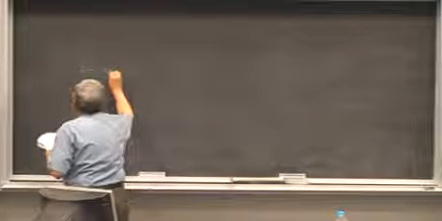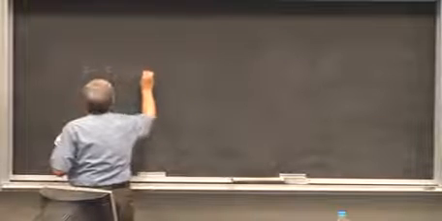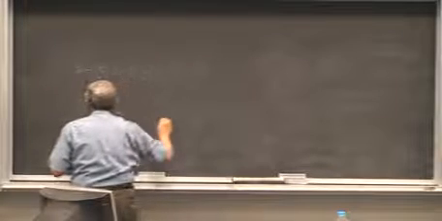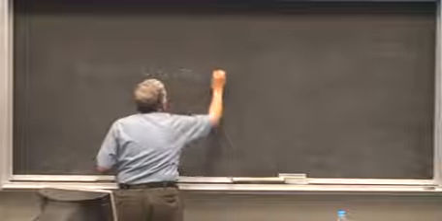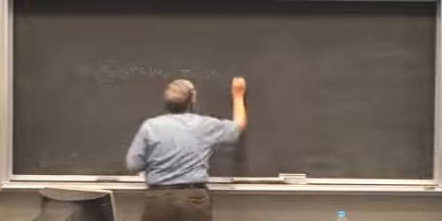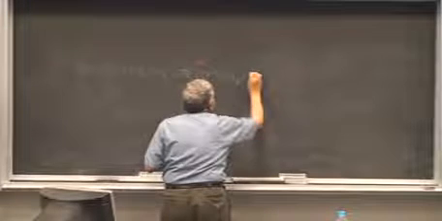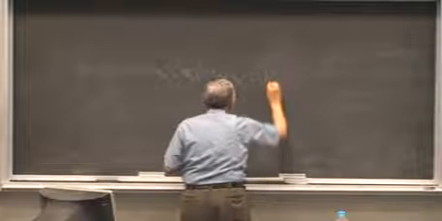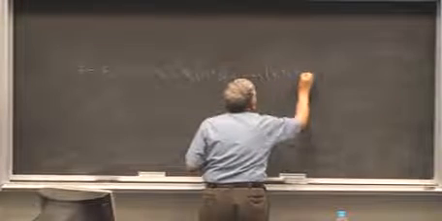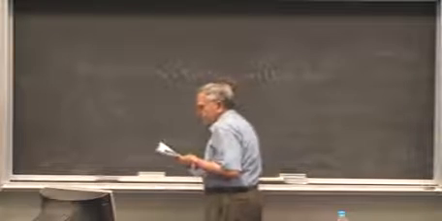It is equal to psi A bar i gamma mu partial mu psi A plus psi B bar i gamma mu partial mu psi B minus m times (psi A bar psi A minus psi B bar psi B). Remember the minus sign which comes there.